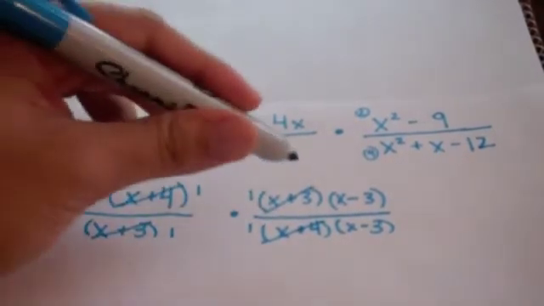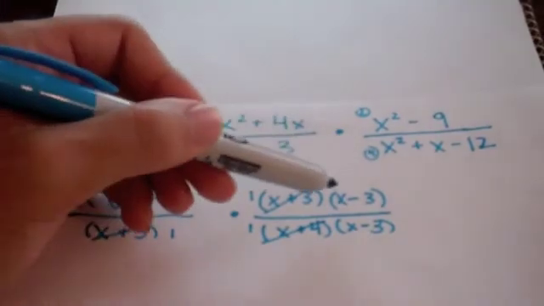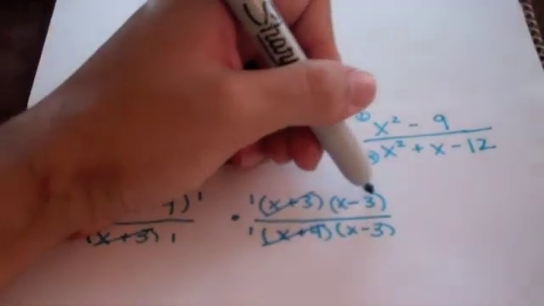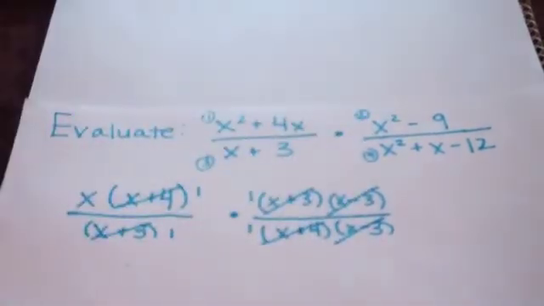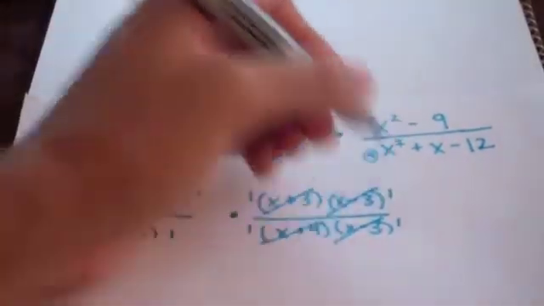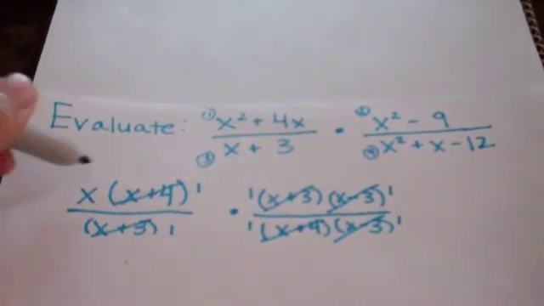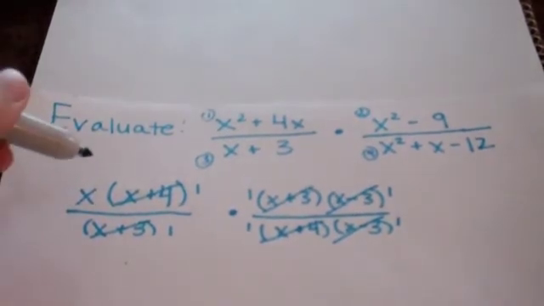Now nothing else is left on the diagonals to cancel, but over here we have an x minus 3 and an x minus 3, so those can cancel. These are 1s. And it looks like everything canceled except for this lonely x right here. So now we do the multiplication.